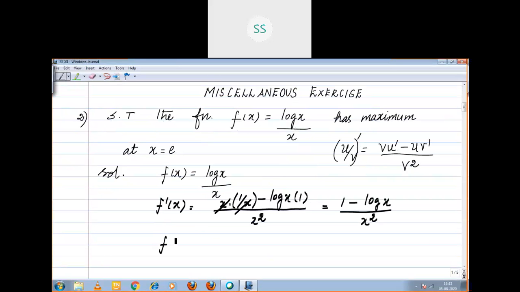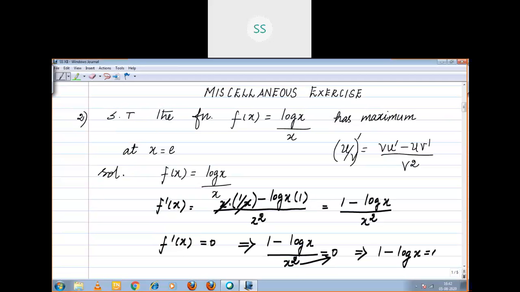You have to equate the derivative to 0, which implies 1 minus log x divided by x square equal to 0. Now this implies 1 minus log x equal to 0.